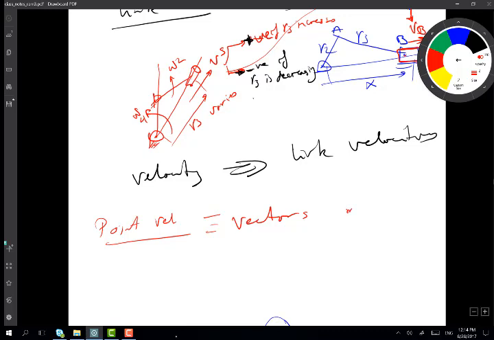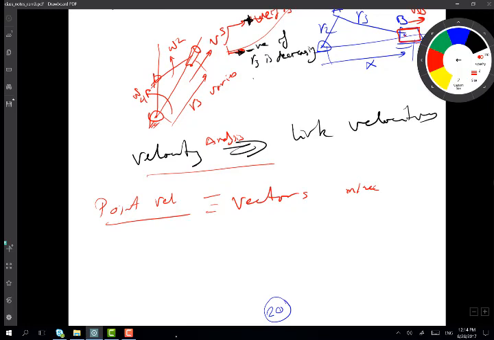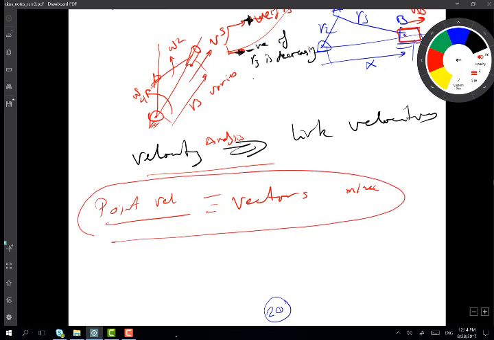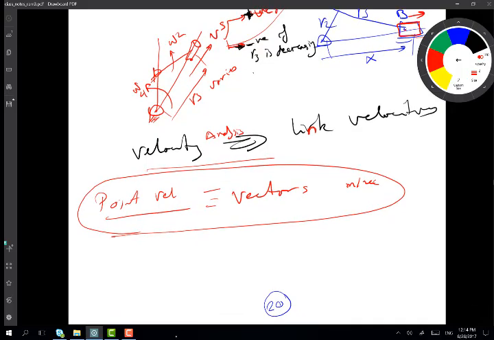The units for point velocity are meters per second, and normally you get it after having done the velocity analysis. After having obtained expressions or numerical values for your link velocities, you get the point velocity. So my velocity analysis is aimed at link velocities, because once I have link velocities, I can find my point velocity as we did before.